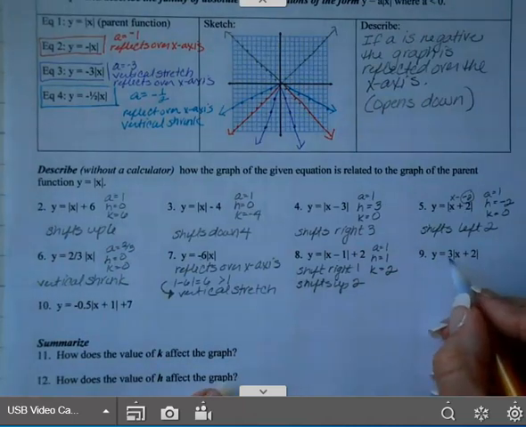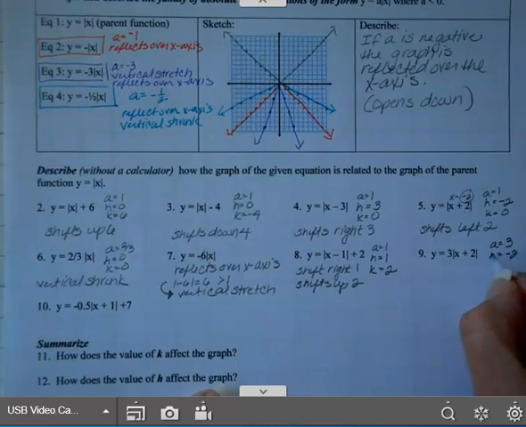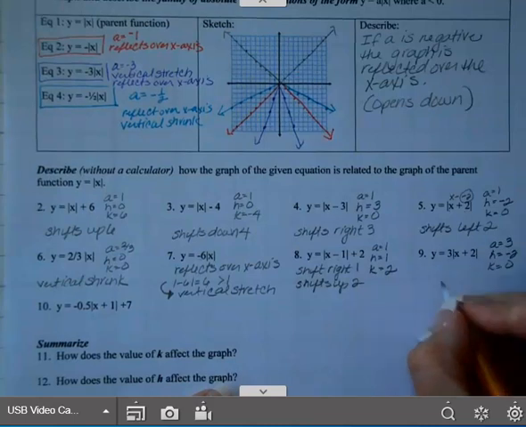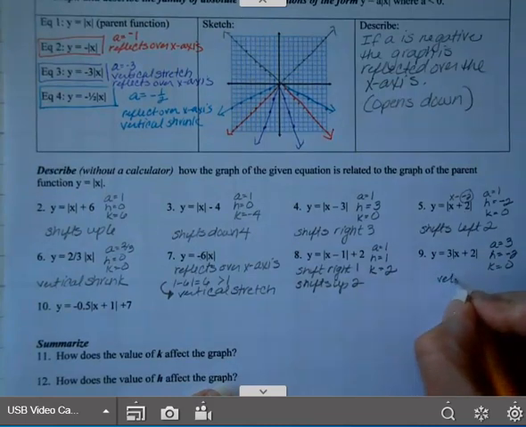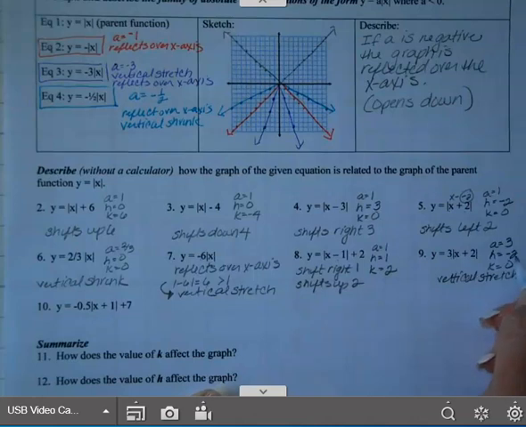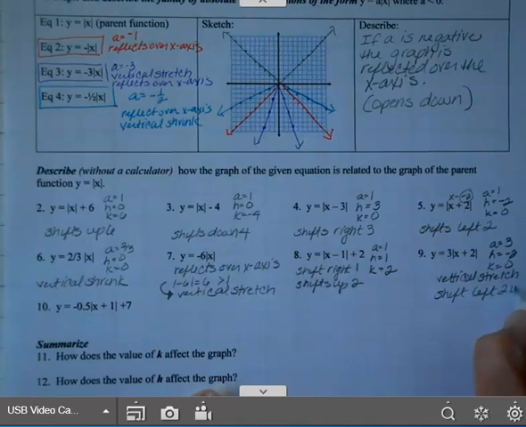On number 9, I have a 3 for A. H, you have to do an opposite, so it's -2, and K is 0. So for this graph, 3, I'm going to take the absolute value of it, is greater than 1, so this is a vertical stretch. And since H is -2, it's going to shift left 2 units.